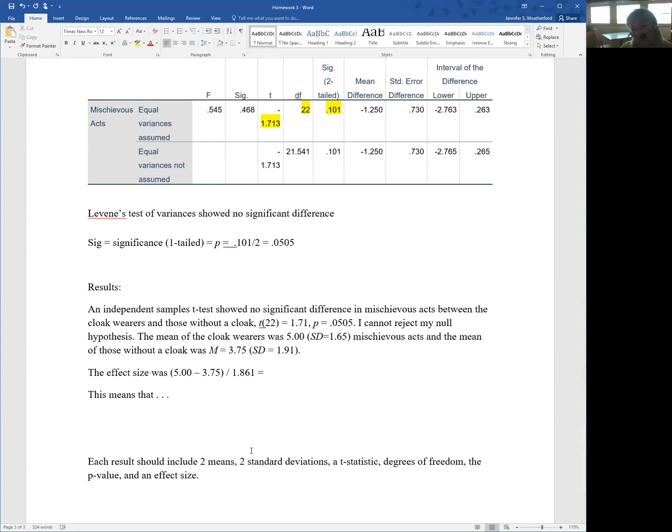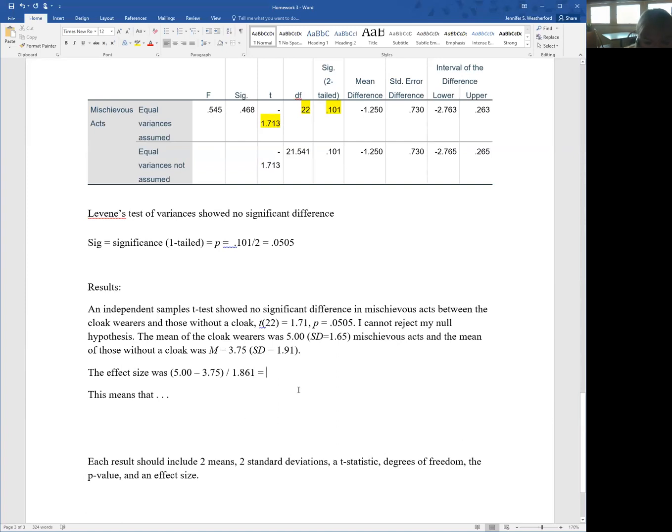Or I guess I need something continuous. Shoe size. The shoe size of the cloak wearers, the shoe size of the non-cloak wearers. If I had 2,000 in each group, chances are very high the shoe size would be significant. And that, once again, that's a drawback of the math. Once we get huge groups, everything becomes significant, even nonsense. And that's why we've started to require an effect size. Along with significance, include the effect size.